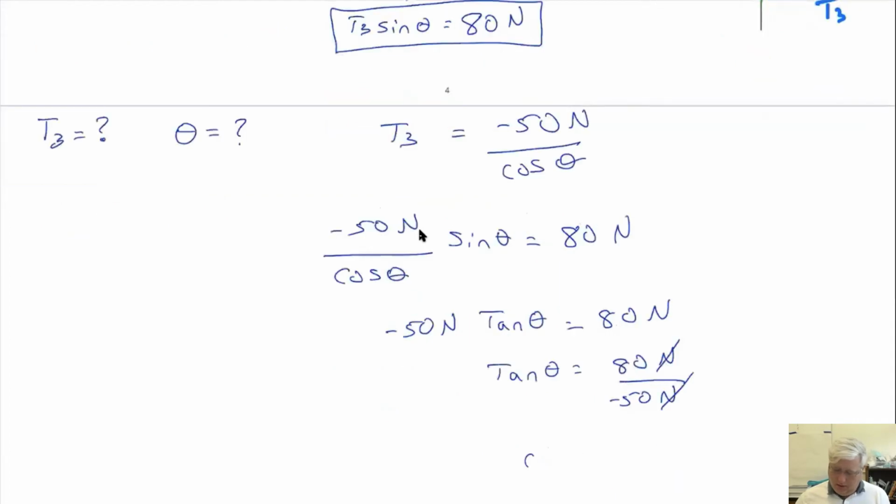And so the angle theta is the inverse tangent of 80 over negative 50. And I got about 58 degrees.